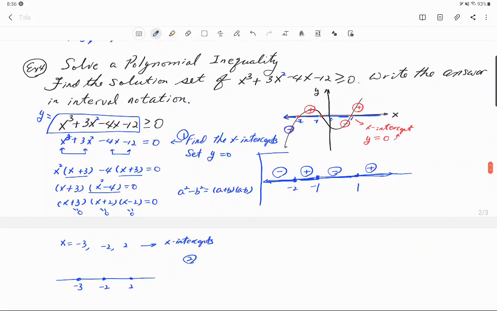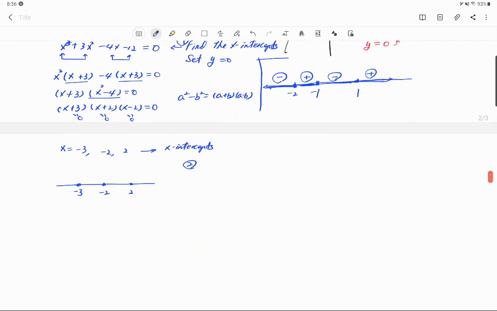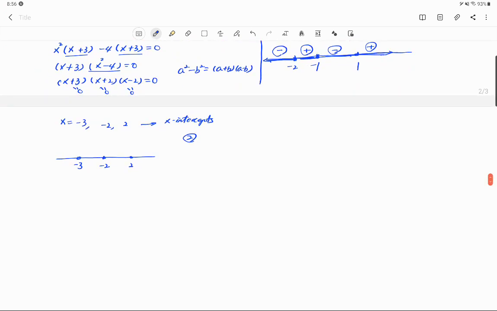Okay, the inequality contains an equal sign. Equal sign means the x-intercept is included, right? So I'm going to put a dark circle. A dark circle represents that these x-intercepts are included.